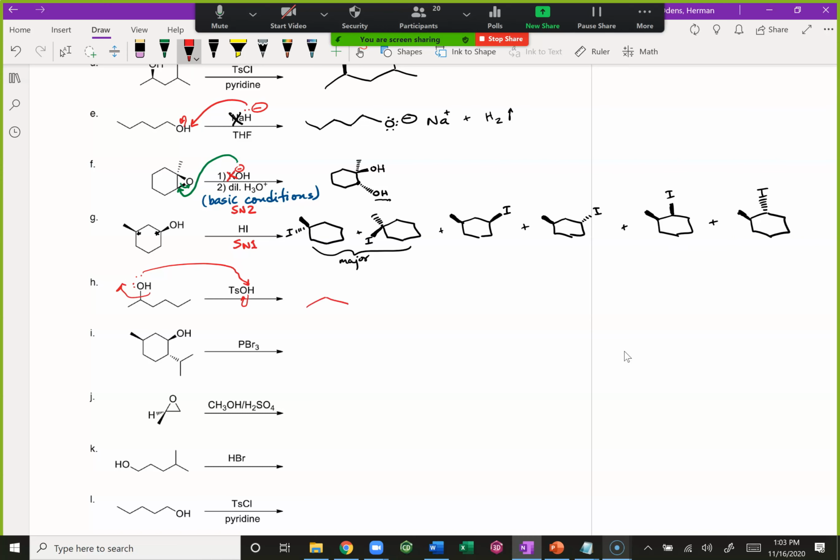You'll count your carbons 1, 2, 3, 4, 5, 6. You'll form a carbocation here, and that's your first intermediate. And then the tosylate.